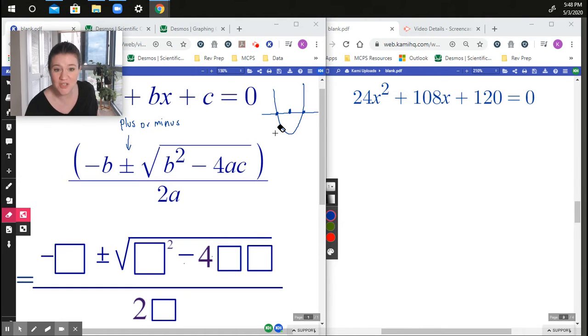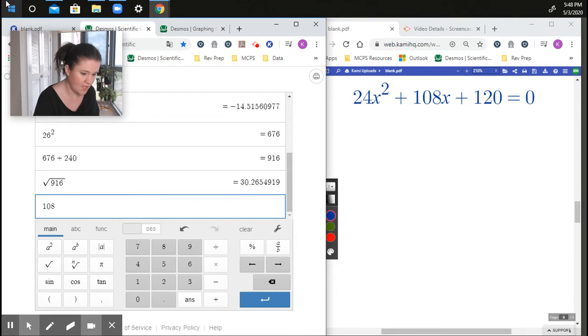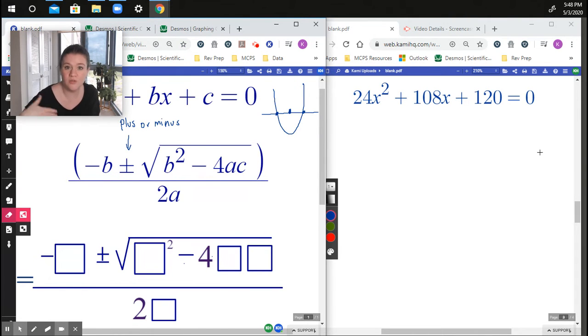Now, calculators are here, but even so, if I put in 108 and I square it, I'm still going to have to deal with the number 11,664. The better you are with your multiplication tables, the easier this will be. So practice them.